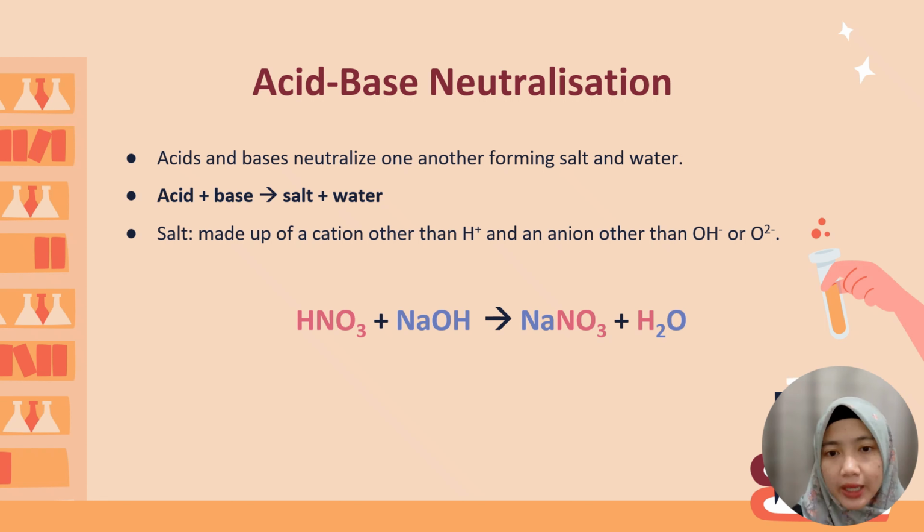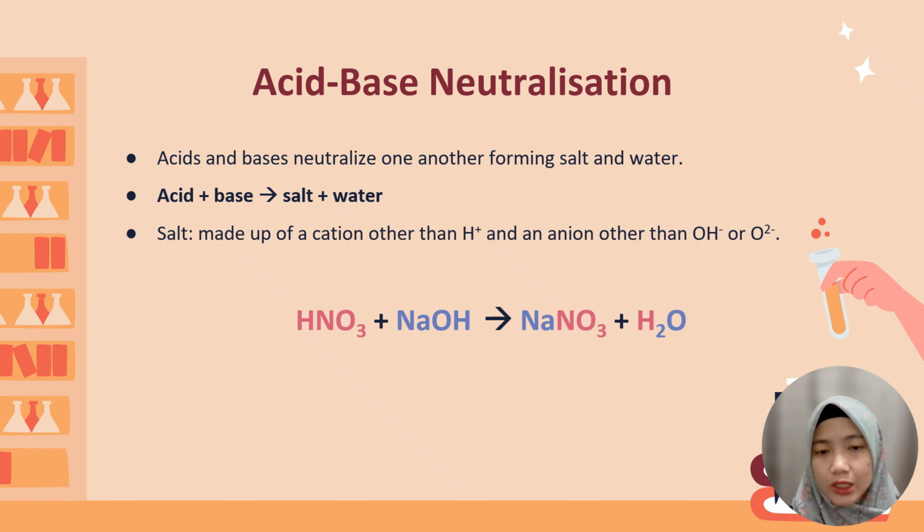The salt is made of the cation from the basic solution, which is sodium, and the anion from the acid solution, which is nitrate. So sodium reacts with nitrate to produce sodium nitrate. And then the water is from the hydroxide of the basic solution and the hydrogen ion from the acid solution.